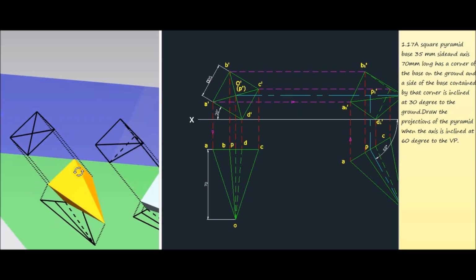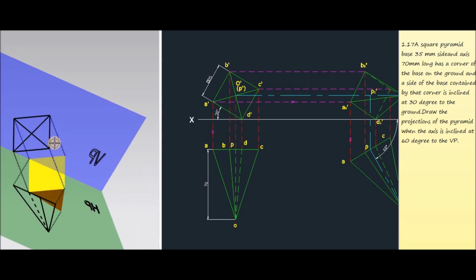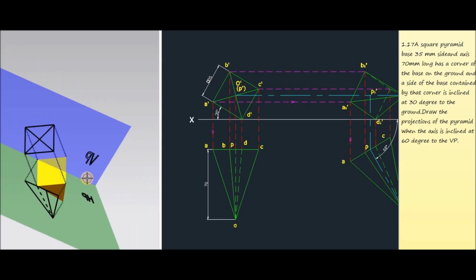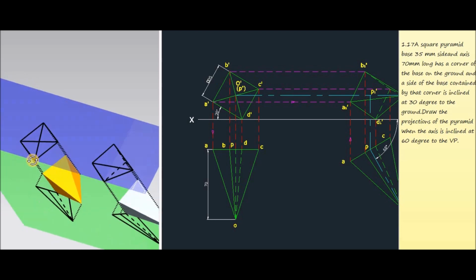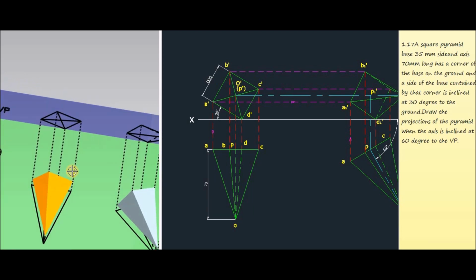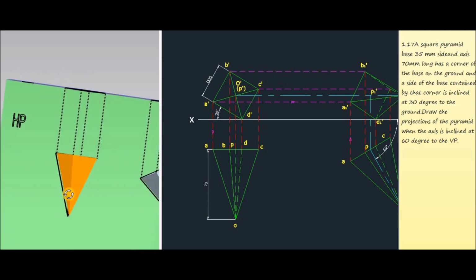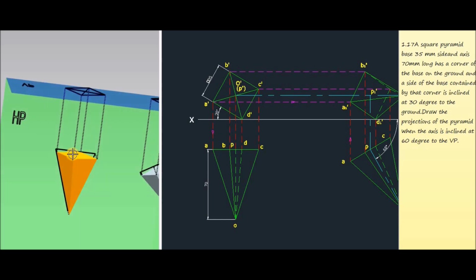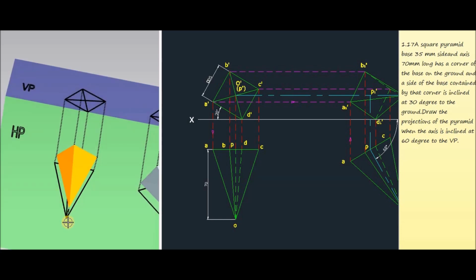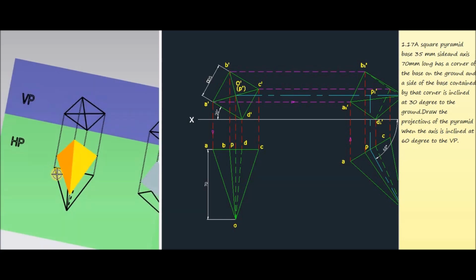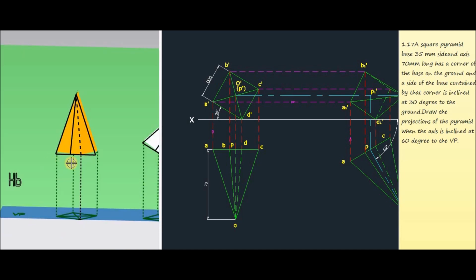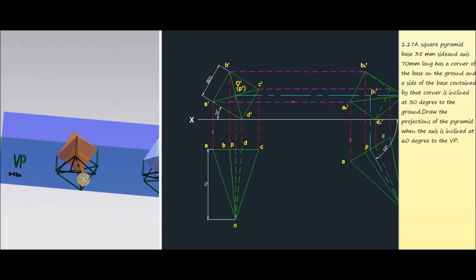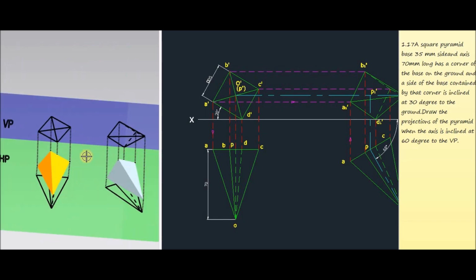Now this will give the front view corresponding to the initial position, that is one of the base edges makes 30 degrees with the horizontal plane. And for getting the top view, we have to observe the object from the top side. Here also project all the base corners to the horizontal plane, project the vertex to the horizontal plane, and join all these corners. We'll get one triangle, and this triangle represents the top view corresponding to the initial condition.